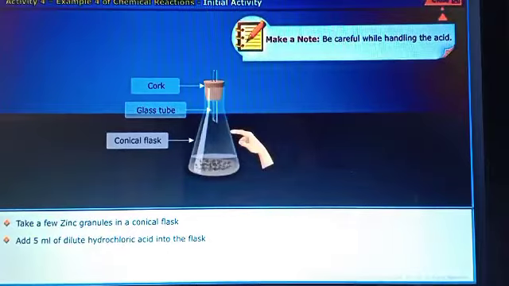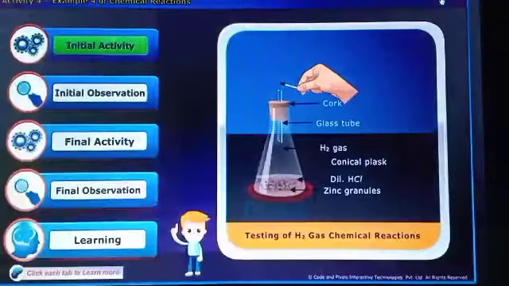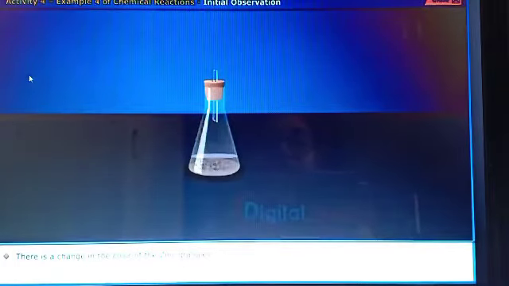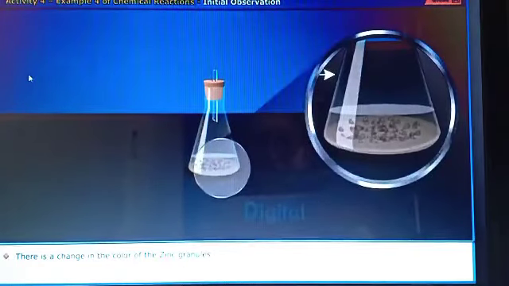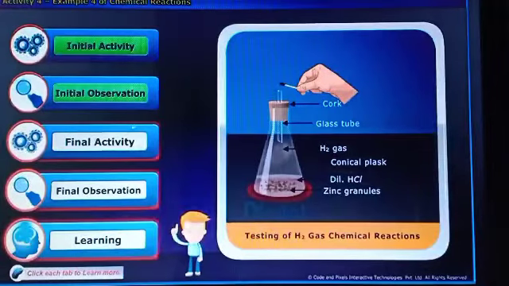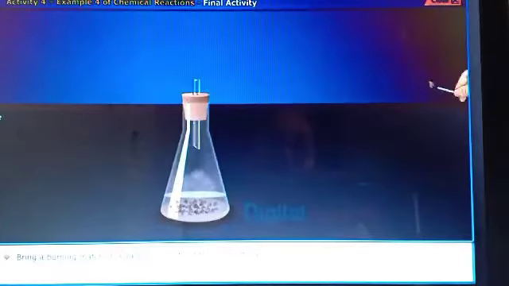After that, add 5 ml dilute hydrochloric acid, dilute HCl, into the flask. During this reaction, be careful because we are using hydrochloric acid, which is an acid. We can see in the observation that a change occurs in the zinc granules.